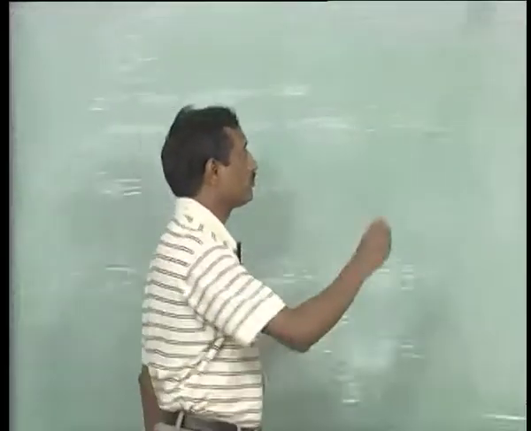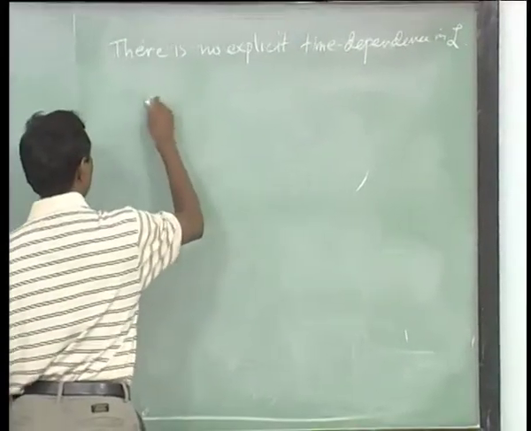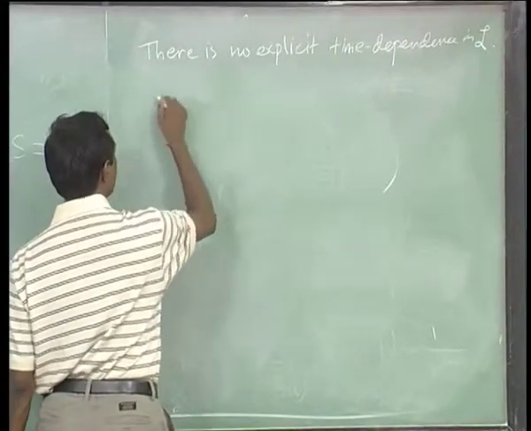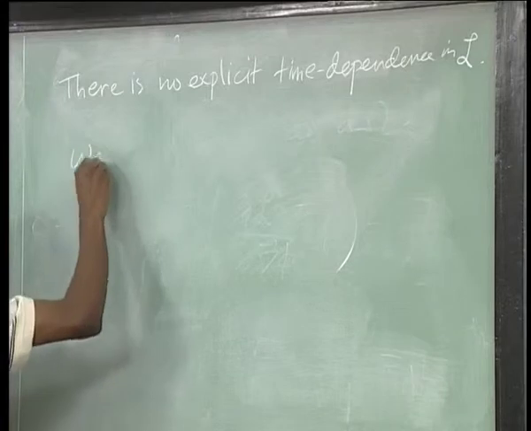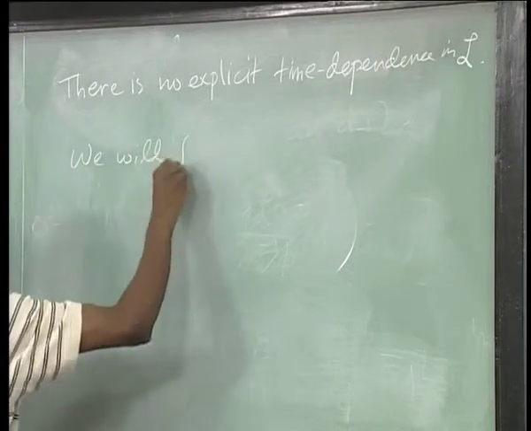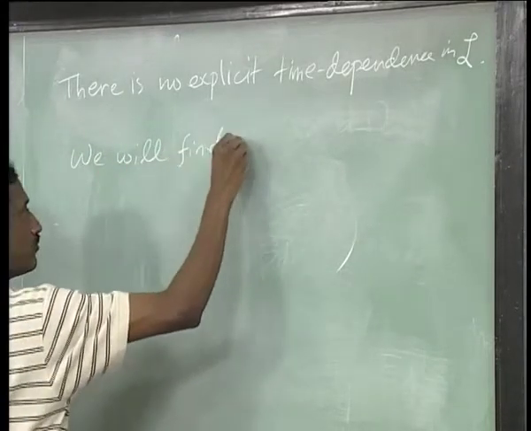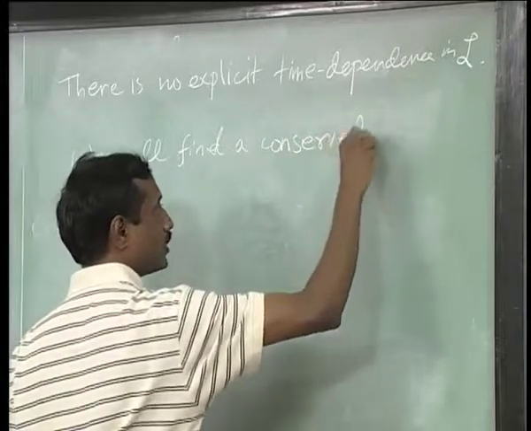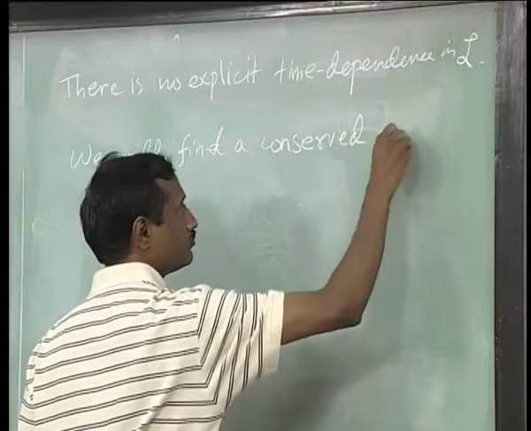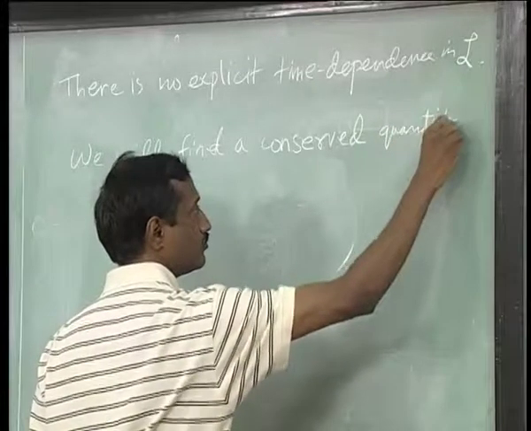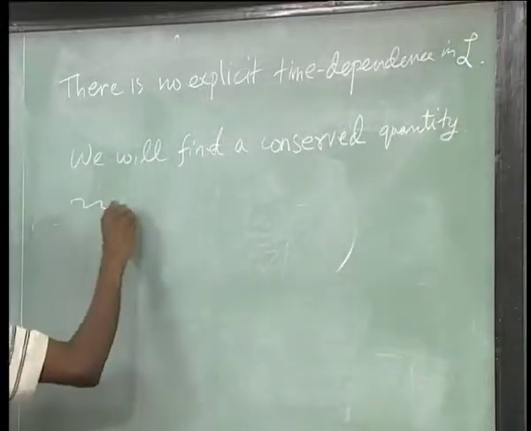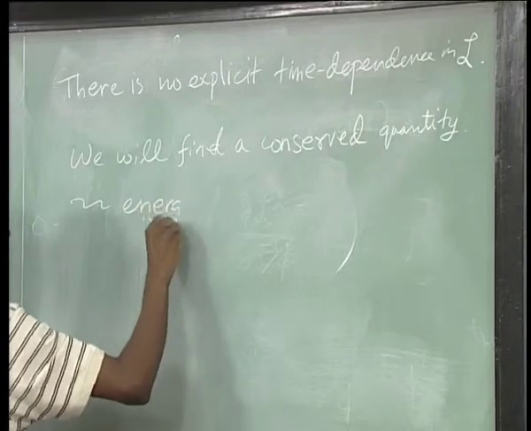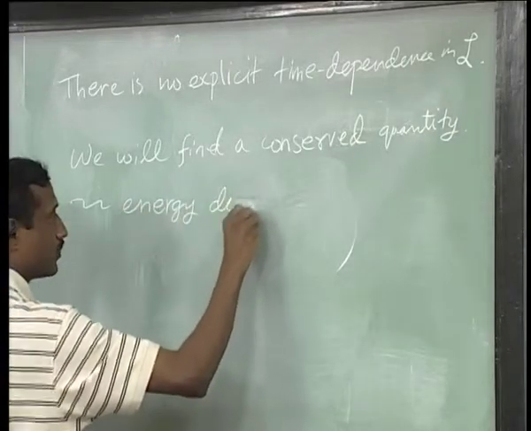Okay. So, here also we will find that we will get a conserved quantity, which will be the analog of energy density.